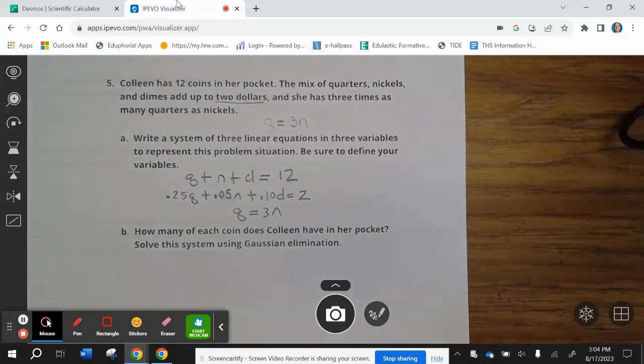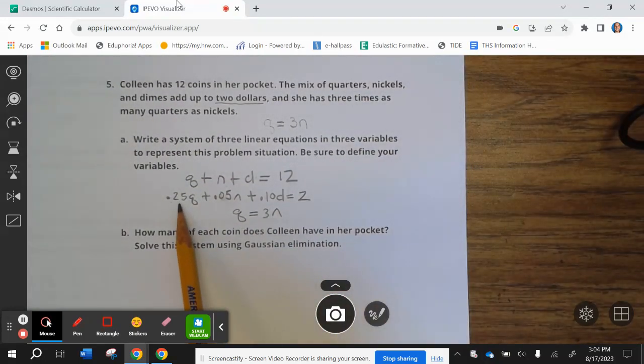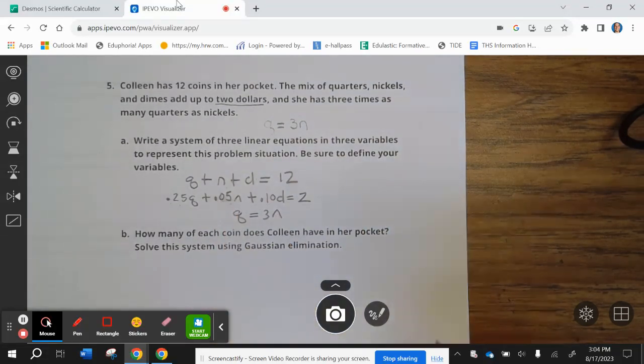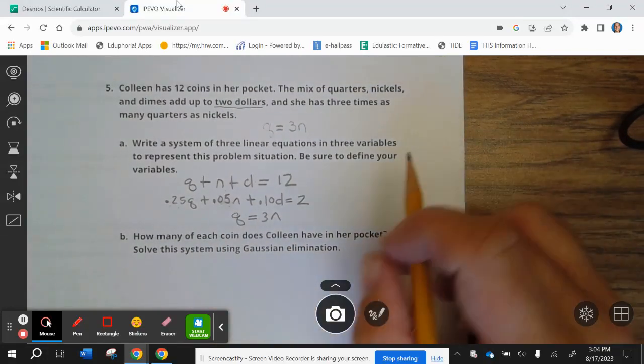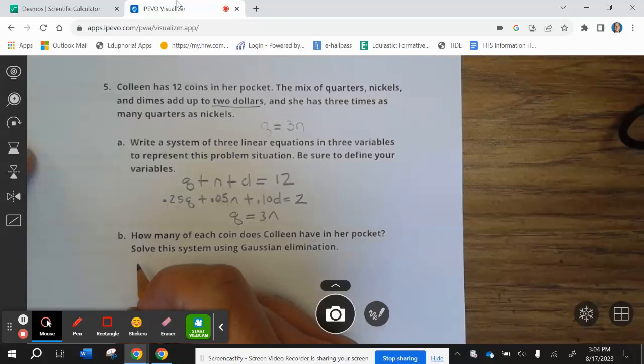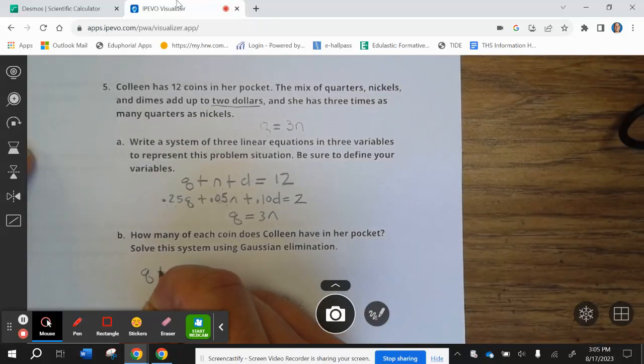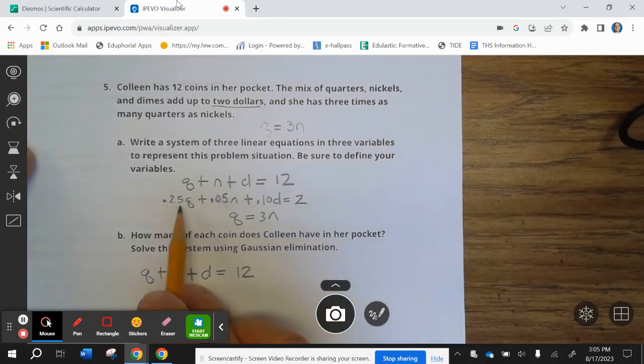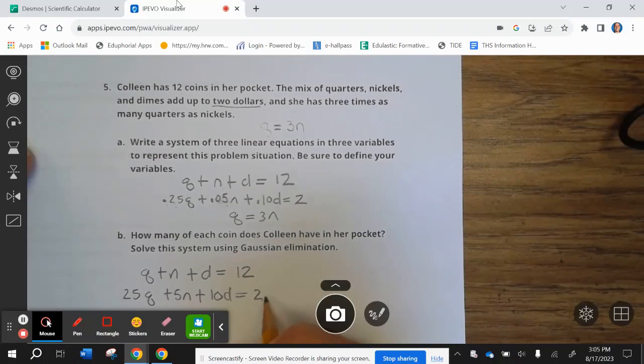Now, here we can use decimals, but if we convert everything to pennies, then we can rewrite this. So that's 25Q plus 5N plus 10D equals 200.